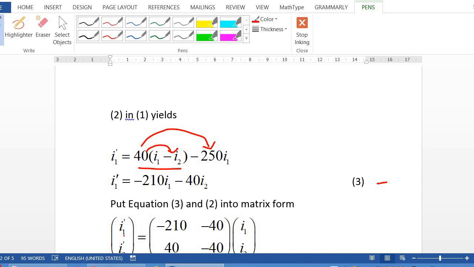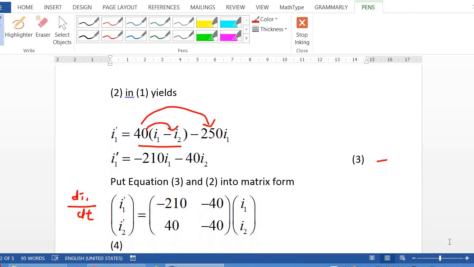And you have I1 prime, or actually what we call di1 dt, equal to negative 210 I1 minus 40 I2.